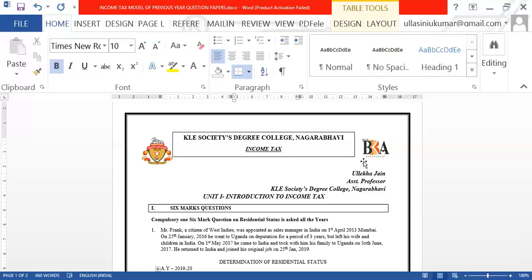Recalling this, we'll move on to the problem. When solving a problem on residential status, the first thing is to jot down all the 10 preceding previous years along with the previous year. For that, we should also know the assessment year for that individual.